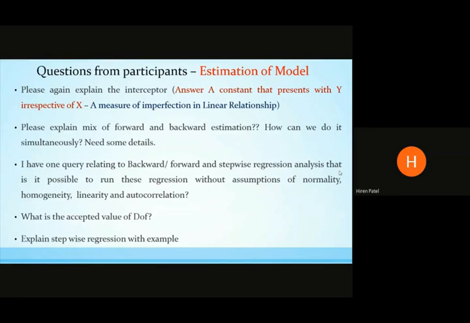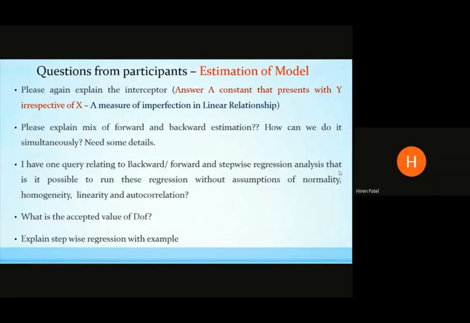There are remedies available in case normality, homogeneity, linearity, or autocorrelation fails. So to answer your question in a nutshell, no, you should not run any of these methods without assessing these assumptions.